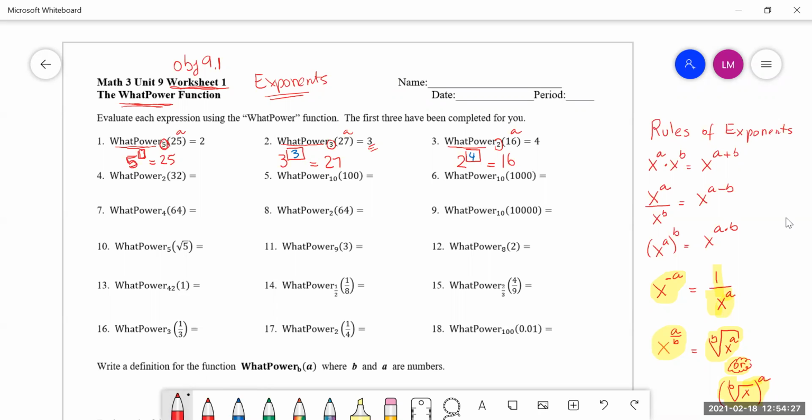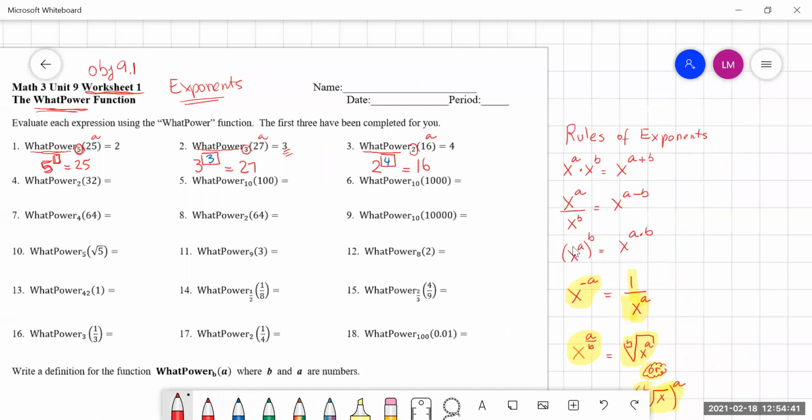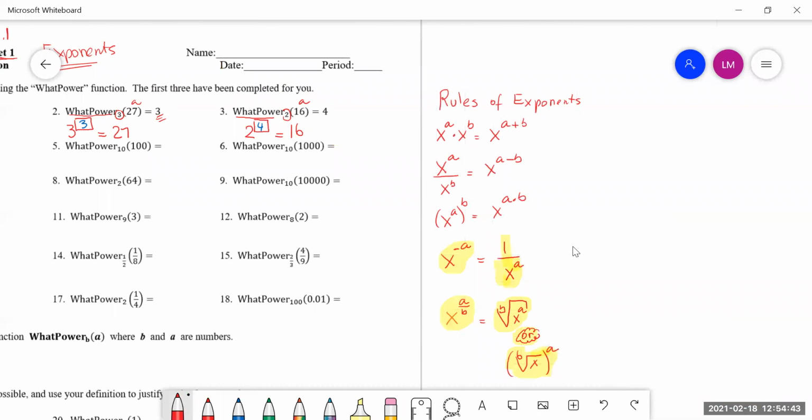The better you are with exponents, the quicker this is going to go through. And it's not about being quick. It's about the better you are with exponents, the better you understand logarithms. So maybe for some of you, you need to take a minute and write down a basic exponent list.